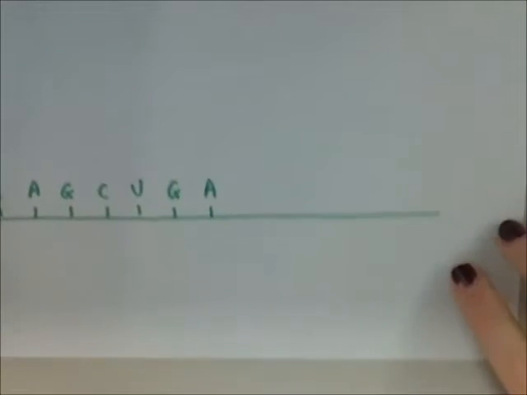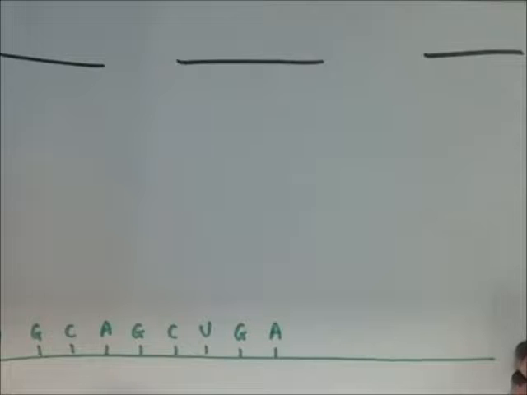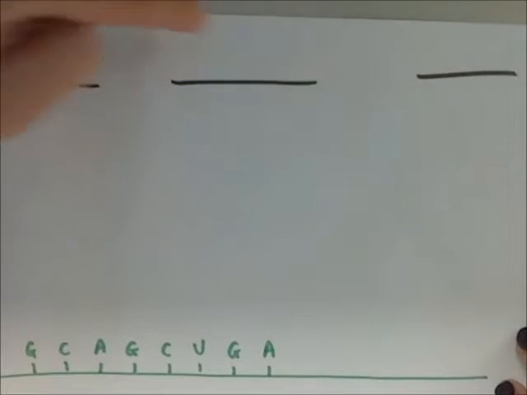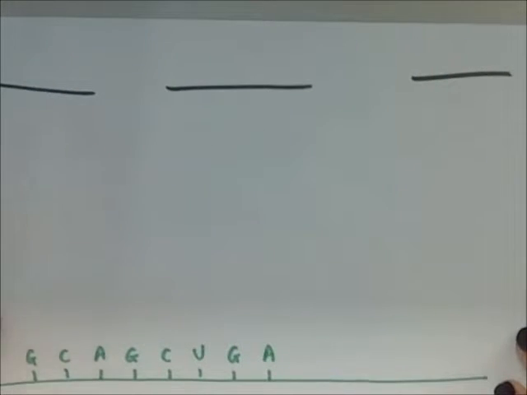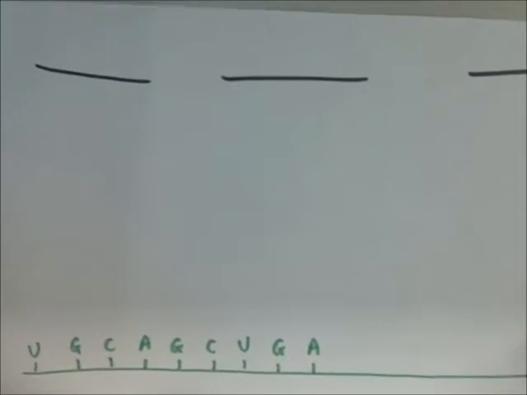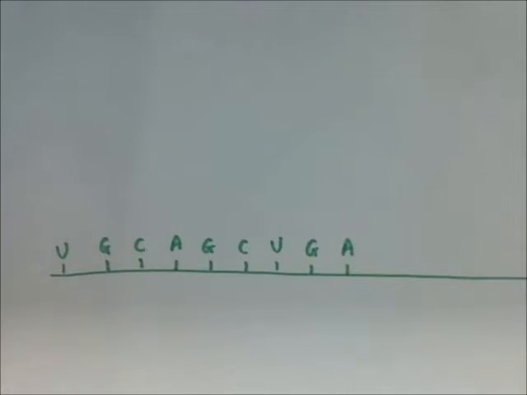So that is transcription. So our next stage is to look at translation. So what has happened is, here is the nuclear membrane. The mRNA transcript has left by the pores and is now in the cytoplasm. So the first thing it needs to do is associate itself with a ribosome.